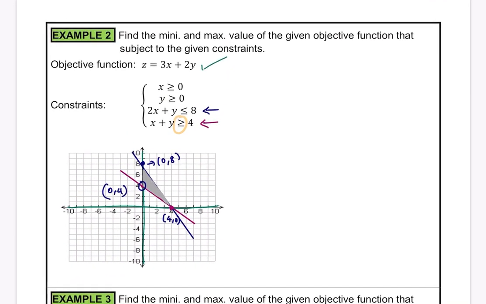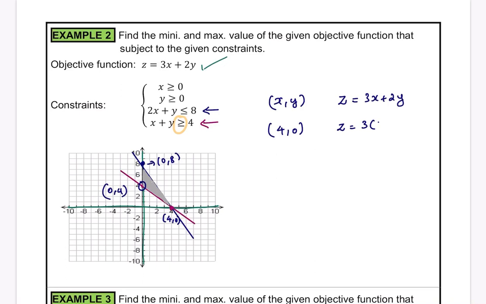Now let me make a table and do what we did earlier. Let's make a table: x, y, and then z. Let's go with 4, 0 first. z is equal to 3x plus 2y.